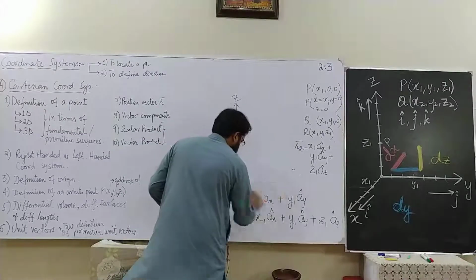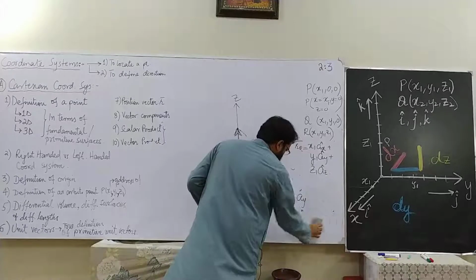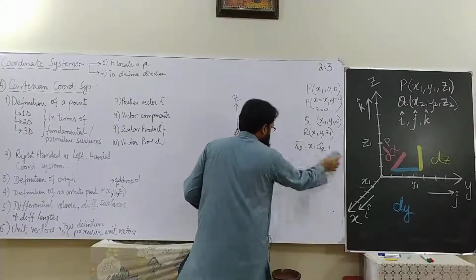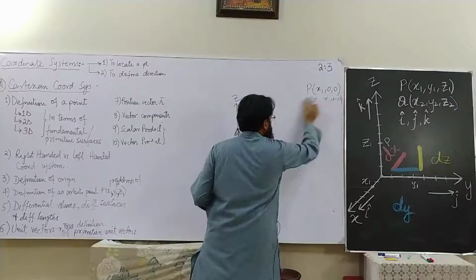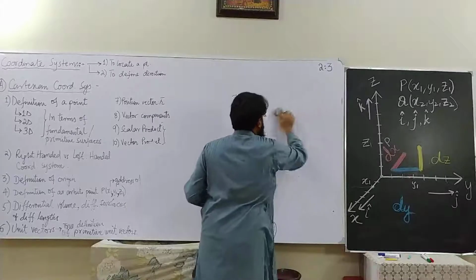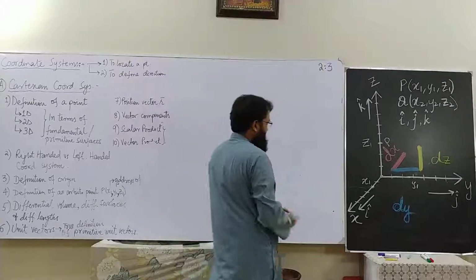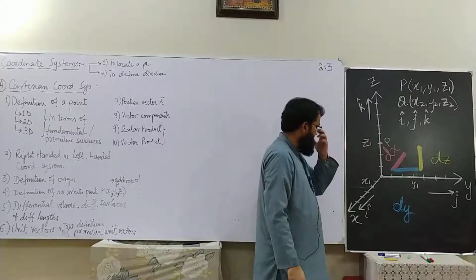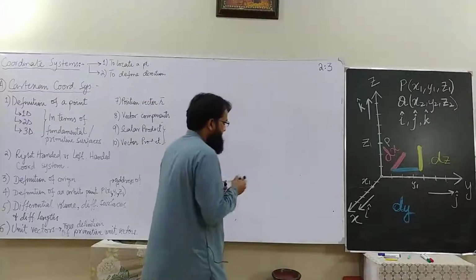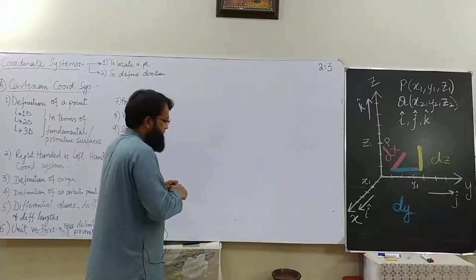Okay. So in the last class, when we were discussing the diagram of the differential surfaces, the differential volume, we used a tissue paper box to represent that.